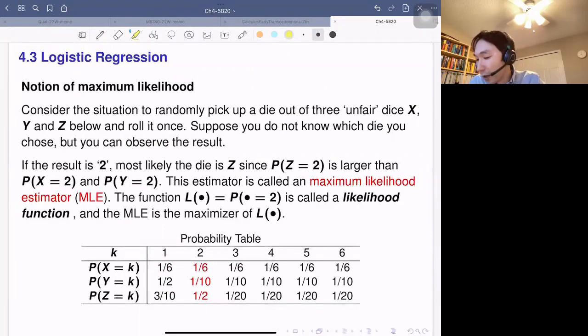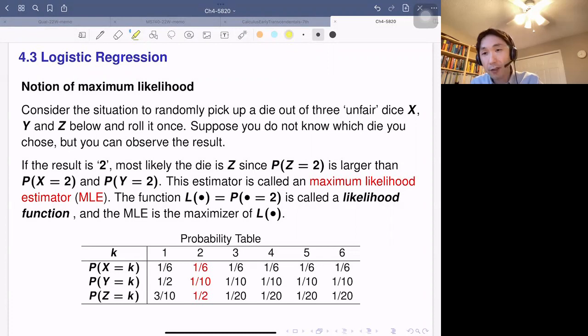So the idea is that we see the probabilities in a different direction than the usual way. Suppose we have 3 dice, x, y and z, and we roll one of those dice, maybe once, and we got the result.